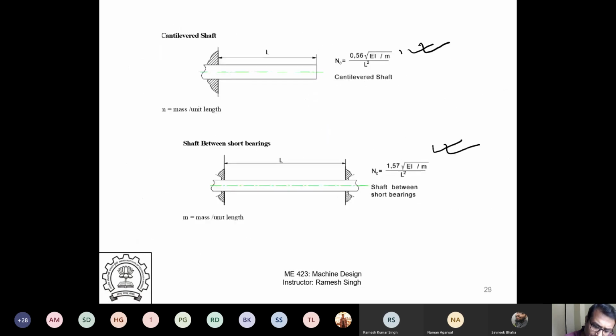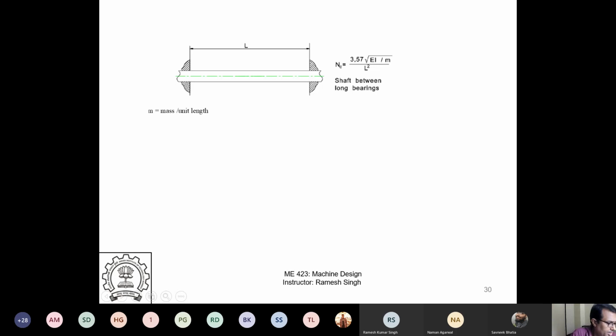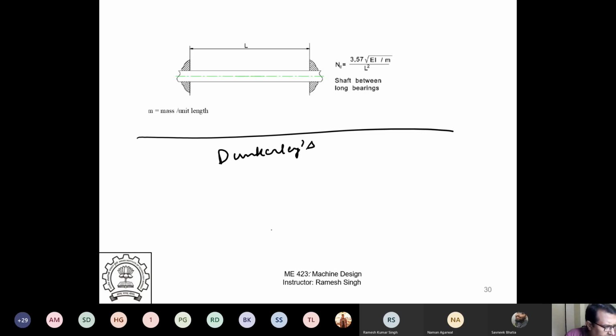There is one more slide, somehow it is missing, but I'll write it for you. Okay. So there is something called the Dunkerley method. Dunkerley's method. And it actually does something called superposition.